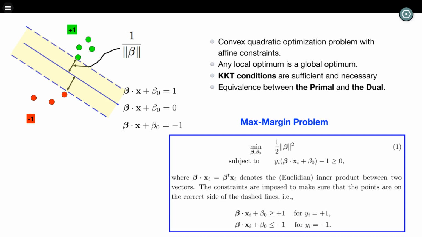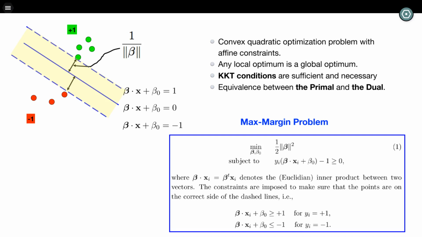So this is the problem. Now, this is a convex programming problem. In particular, the objective function is a quadratic function, and the constraints are linear constraints. And something nice about convex optimization is any local optimum is going to be a global optimum.